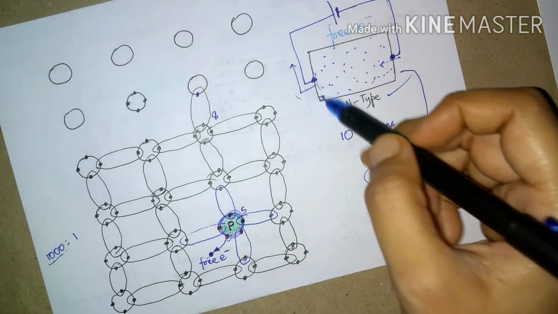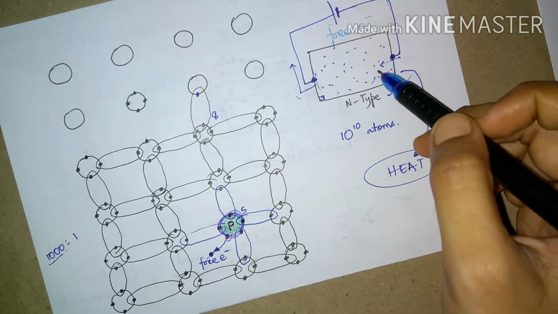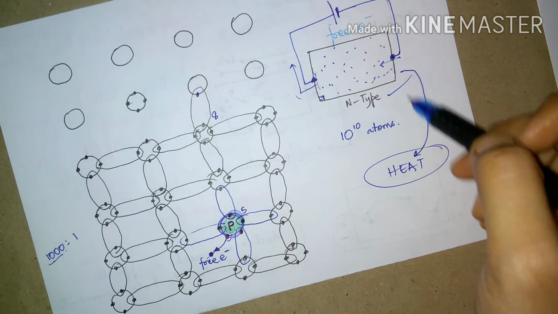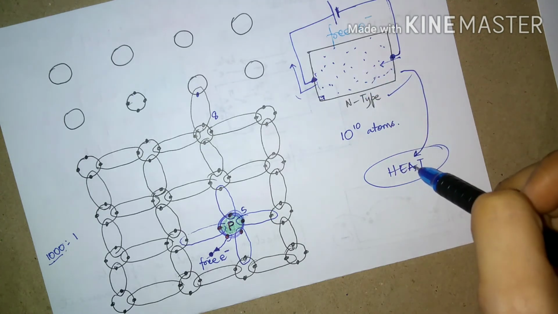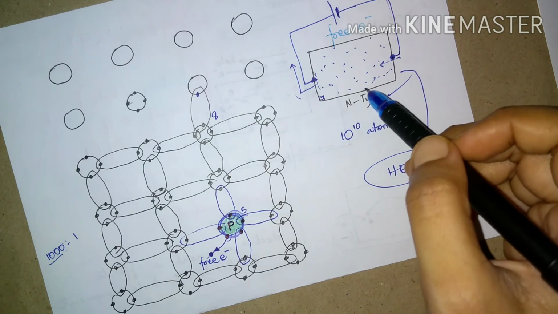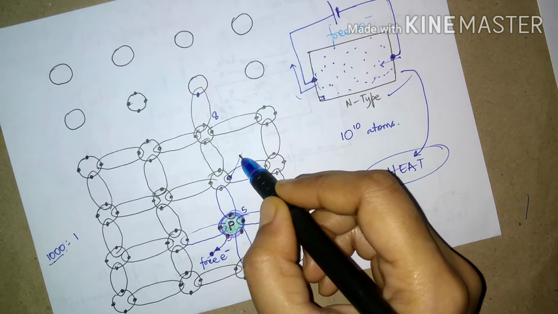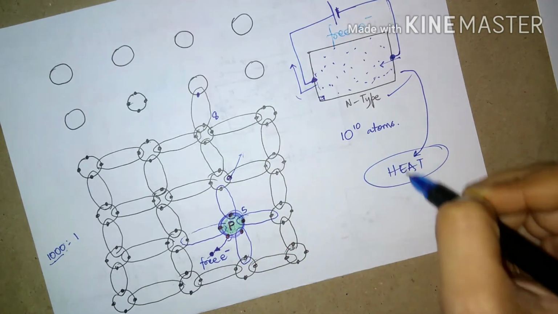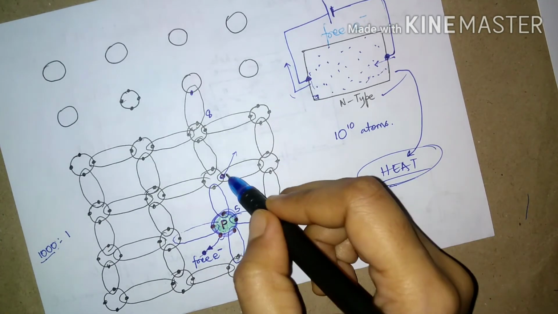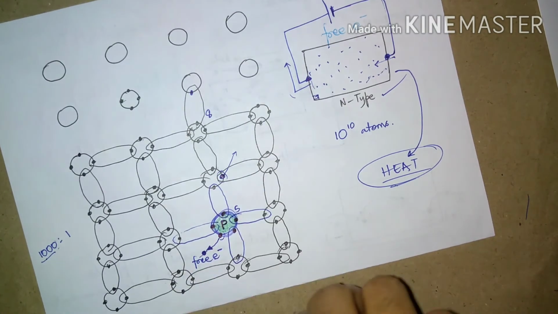But under controlled conditions, it will not have any holes in it. But whenever it is brought into some room temperatures, holes will get created because the electrons which are in these bonds will come out of the energy which is provided by that heat, and a hole gets created here.